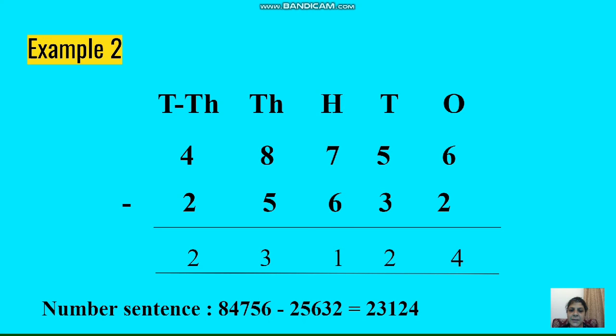So this gives you the number sentence. Number sentence basically shows what operation you are doing on the numbers. What are we doing? We are subtracting the two numbers. Earlier for the subtraction we arranged it in columns, but for writing the number sentence we will write in sentence form, and then clearly show the difference.